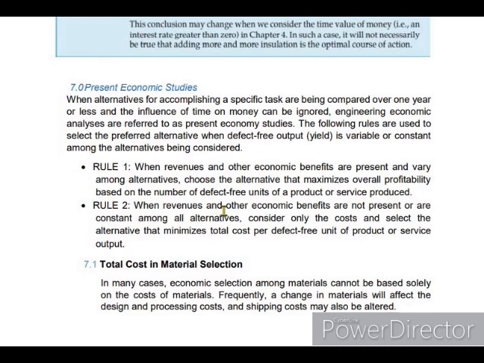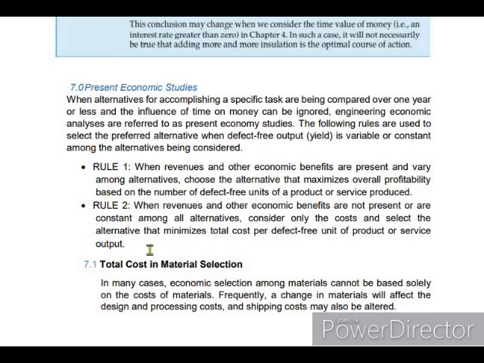Profitability is based on the number of defect-free units of a product or service produced. So profitability must be based on the products that don't have defects, because if a product has a defect or a service is not good, then it is a cost to the company.